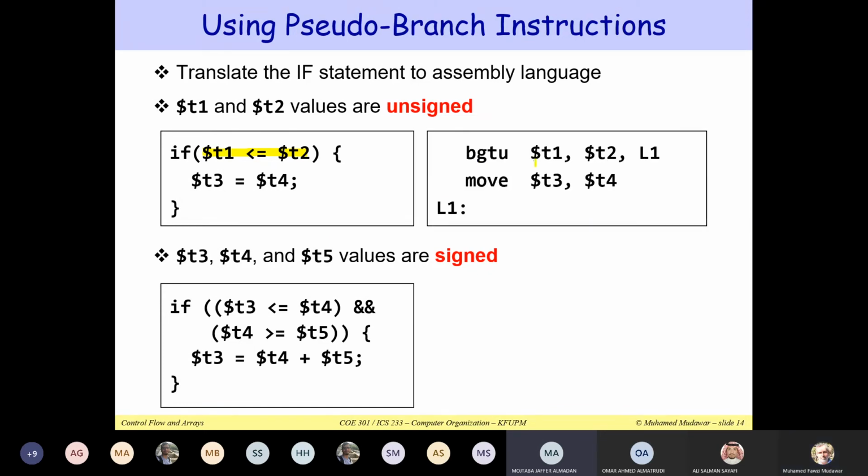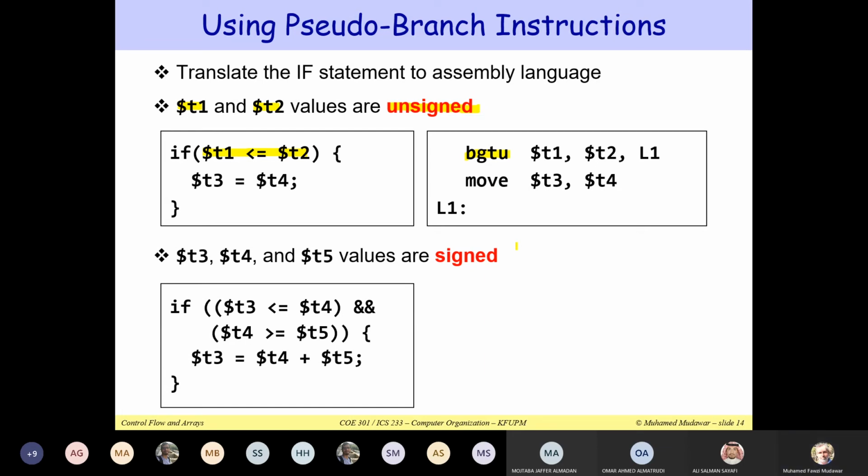Then, okay, move. So we can branch here to L1, and then here T3 becomes T4. We just copy it. So the move instruction can copy the value of register T4 into register T3. Now notice it says that the values of T1 and T2 are unsigned integers. It says unsigned very clearly. So for this reason, I have to use a branch greater than unsigned.